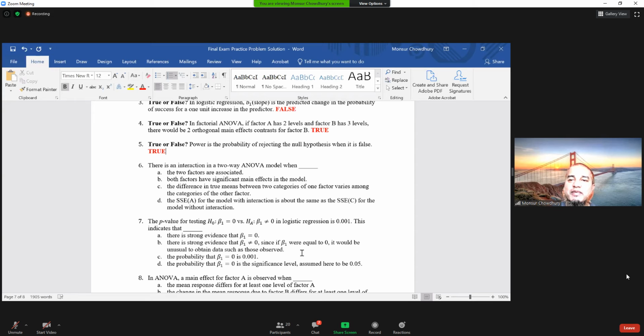Which one? I am asking what is the interpretation of the interaction effect in ANOVA. So this is just the definition. What do you mean by the interaction effect?